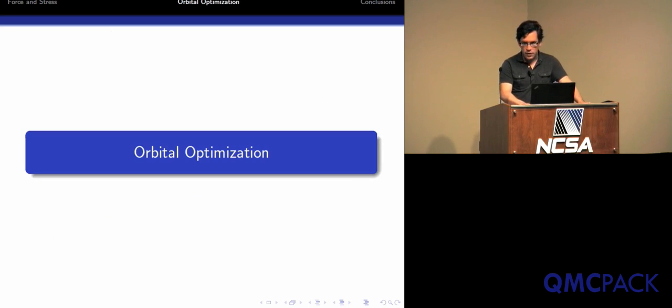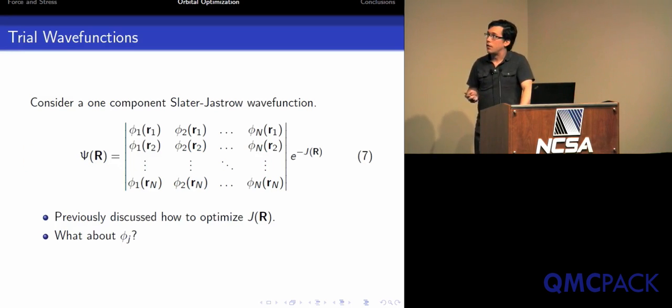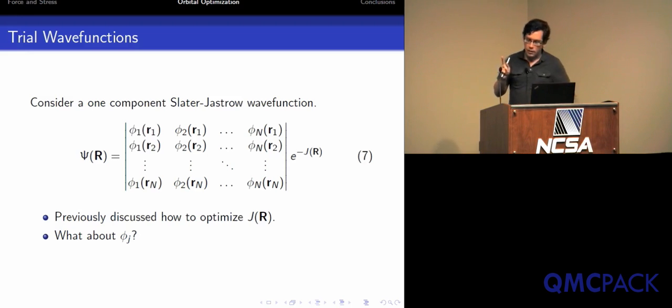The other main feature, which is significantly simpler, is orbital optimization. I'd like to remind you all of the Slater-Jastrow form. I'm using one component for simplicity, but most of this talk has been discussing how to optimize the Jastrow: what the forms are, what the different interactions are that you throw in.